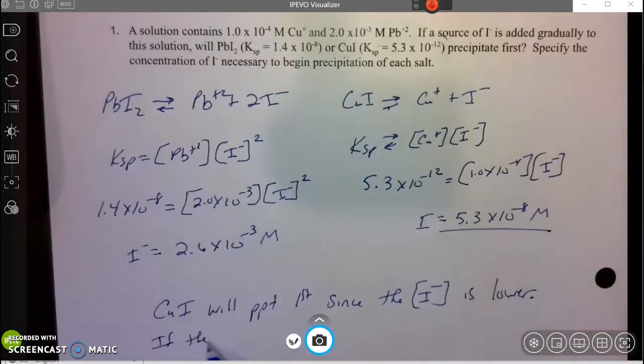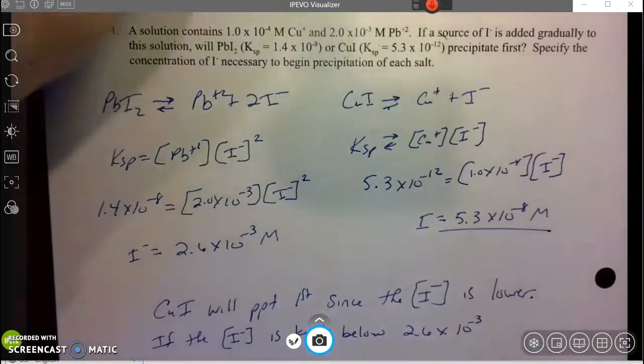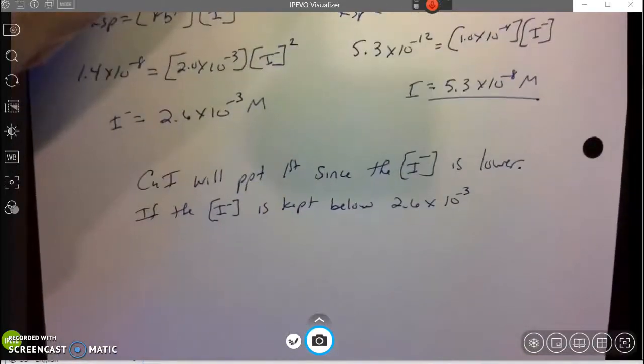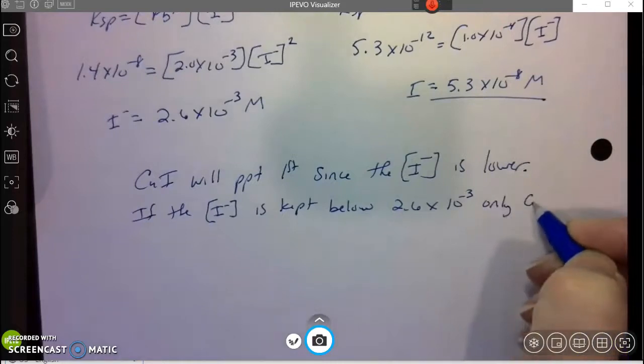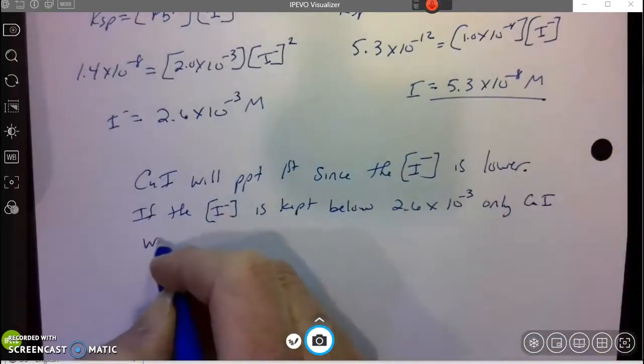If the iodide concentration is kept below 2.6 times 10 to the negative 3rd, only CuI will precipitate.